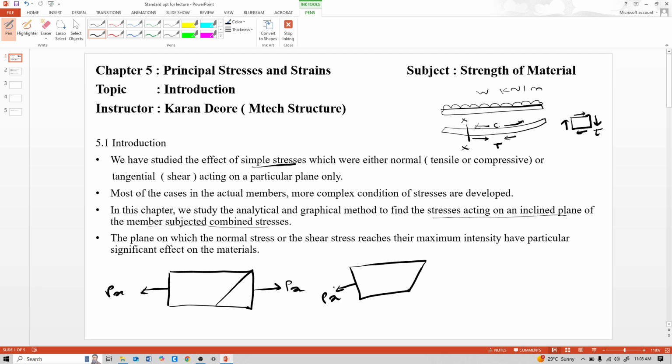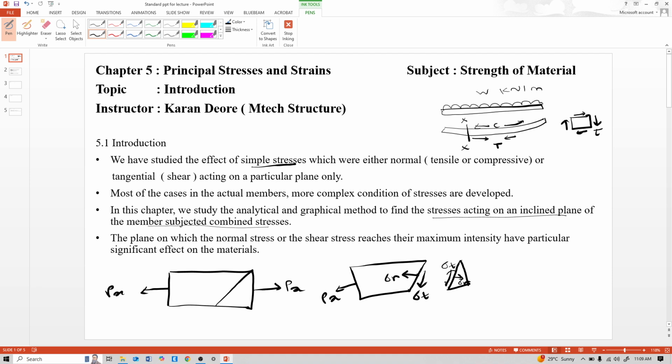Consider, here a normal stress acts, sigma n, and here a tangential stress, sigma t, and here also a normal stress and tangential stress.